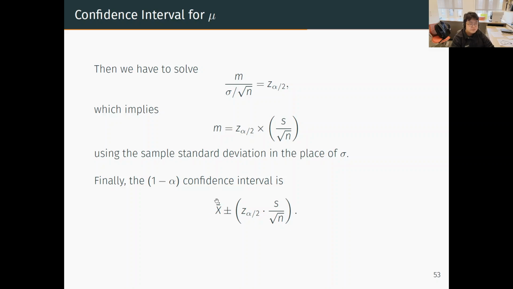And in the end, the margin of error is here, and the point estimator x bar is also what you can calculate. So you can calculate all those numbers, and then you obtain a confidence interval for the mean with 1 minus alpha confidence level. Okay, that is how you obtain a confidence interval.